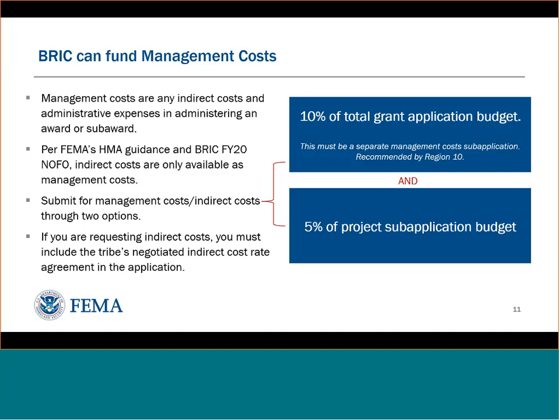So you can have both the 5% added to any or all sub-applications and also the separate sub-application for 10% or less of the total cost of the grant. If you are requesting indirect costs, there must be an indirect cost rate agreement, and you must include that in your sub-application.